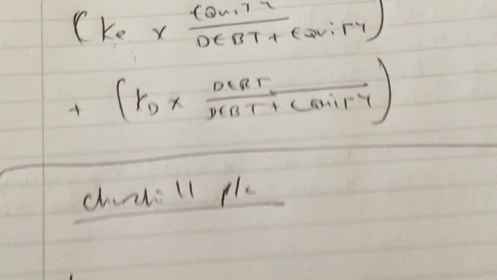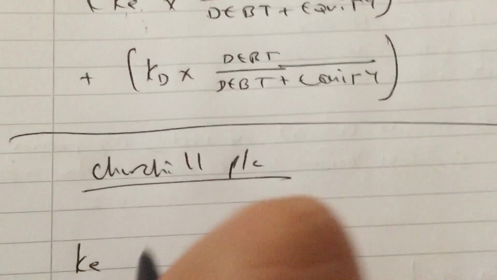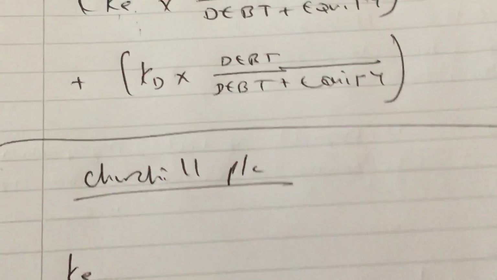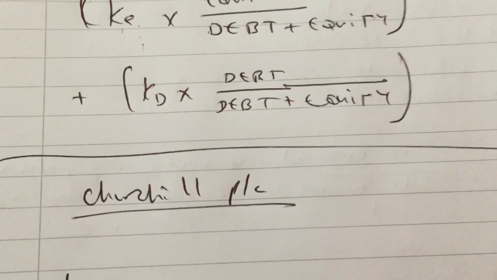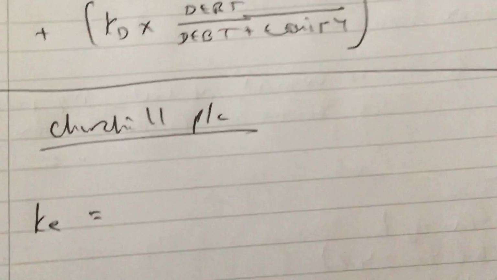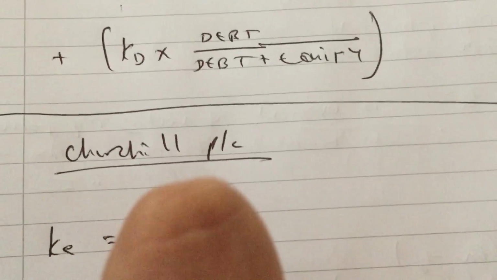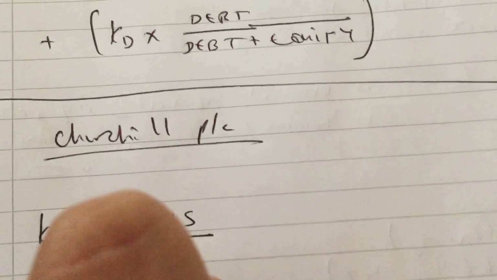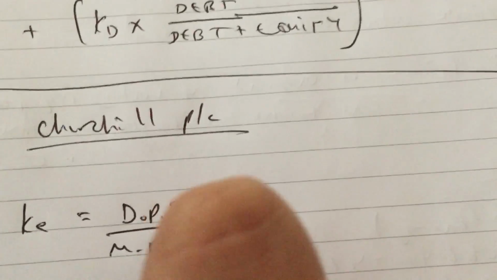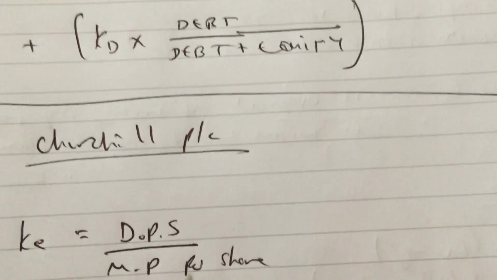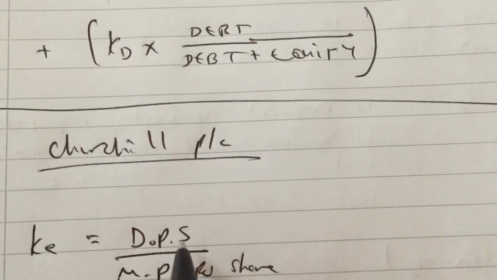Basically, because there's no growth, we're not looking at the Gordon growth model. Instead, cost of equity equals dividends per share divided by market price per share. They don't give us the dividends in the question, so we have to work out dividends.